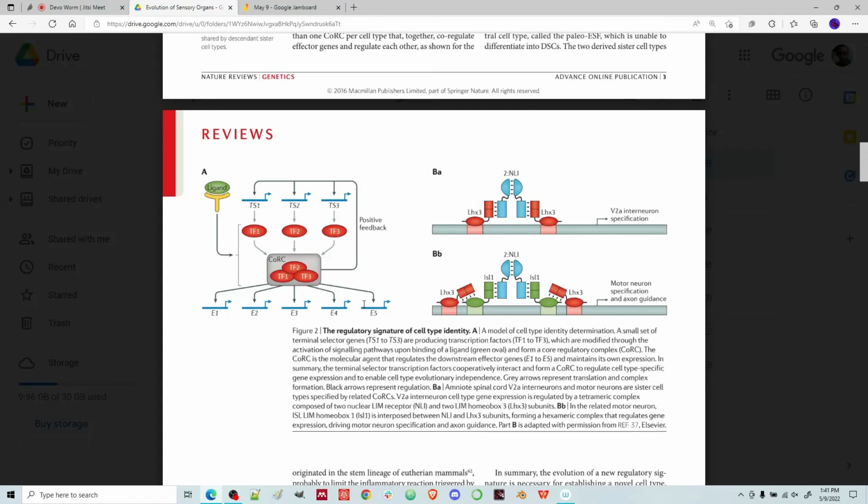So, it depends on the developmental system. If you have what they call regulative form of development, which is something like mammals, then you can see this kind of signaling will sort of influence the cell to have a certain fate or to have another fate.